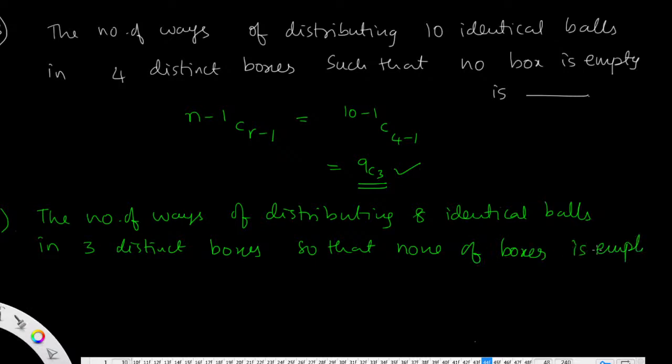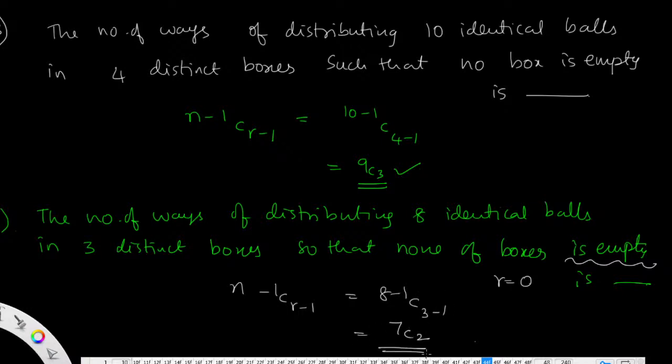These are all previous year questions, Nana. How much is the answer? Yes, 7C2, super Ashwit. None of the boxes is empty means put r equal to 0 in the Beggar's method. Then n minus 1 C r minus 1, that is 8 minus 1 C 3 minus 1, that goes to 7C2. That's all.